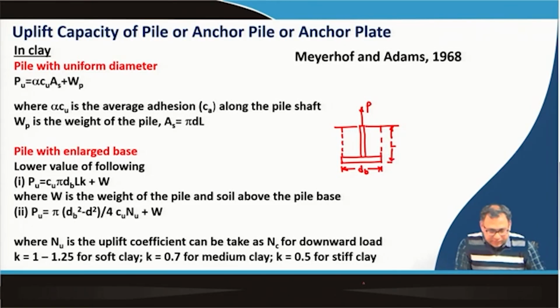We take the lower of these two values and we get the uplift capacity, where K is generally taken as 1.1 to 1.25 for soft clay, 0.7 for medium clay, and 0.5 for stiff clay, because there is a K term. And there is Nu, which is the same as Nc for a pile under compressive load. This is the uplift coefficient, which can be taken as Nc for downward load, the same Nc that we can take.